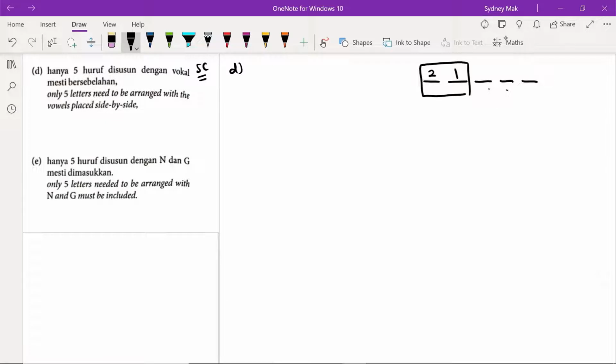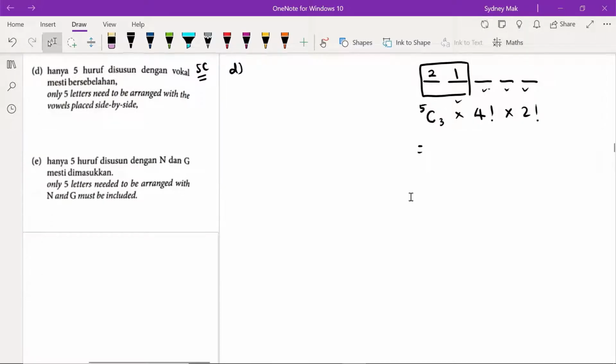Out of 5 consonants, I choose any 3 to permute with my 5 letters. Since 2 vowels must be side by side, we're left with 1, 2, 3, 4 items to permute. Therefore, followed by 4 factorial, we arrange externally, followed by arrange internally.